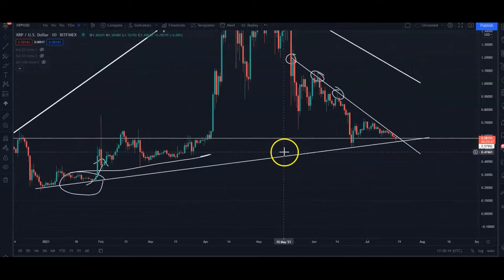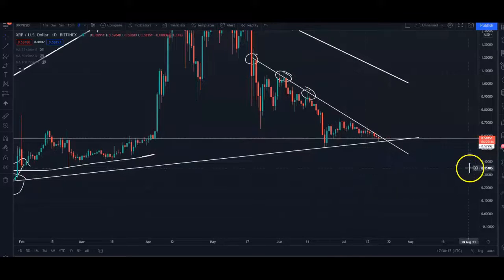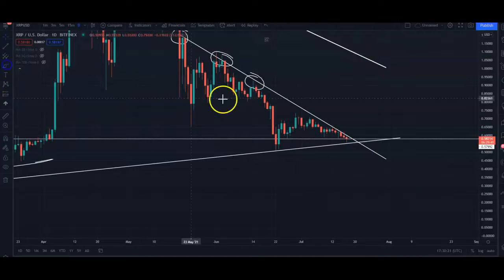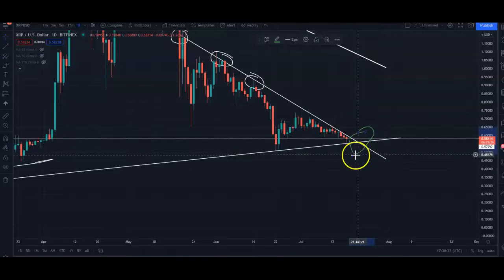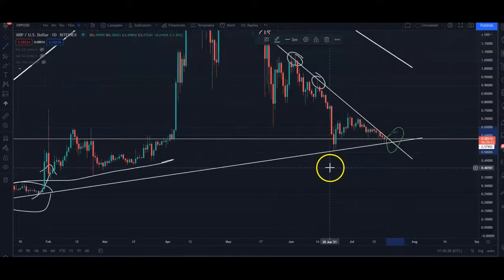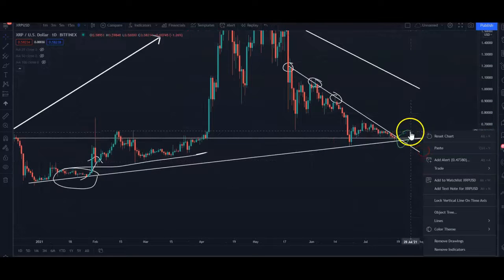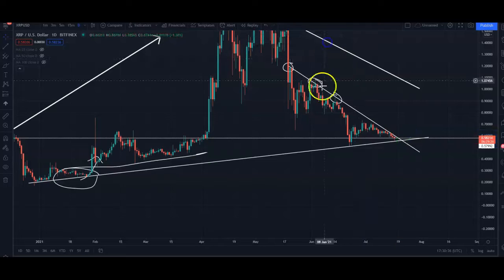I'm sure you guys will hear over the course of your trading time that X marks the spot. As you can see, this is the X. So we are getting very, very close for XRP USD to make a decision. It's going to have to decide what it wants to do. Is it going to push to the upside and create higher highs?